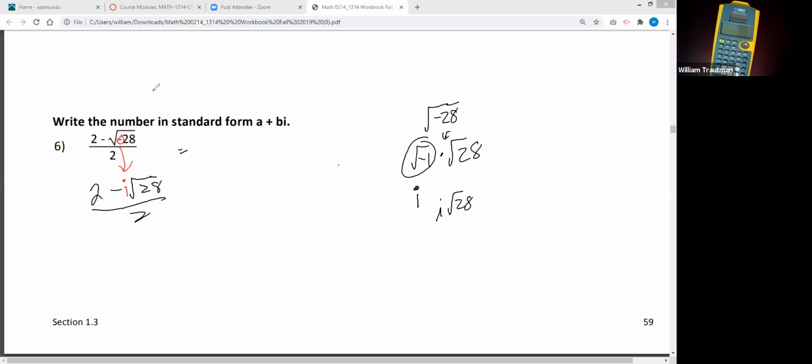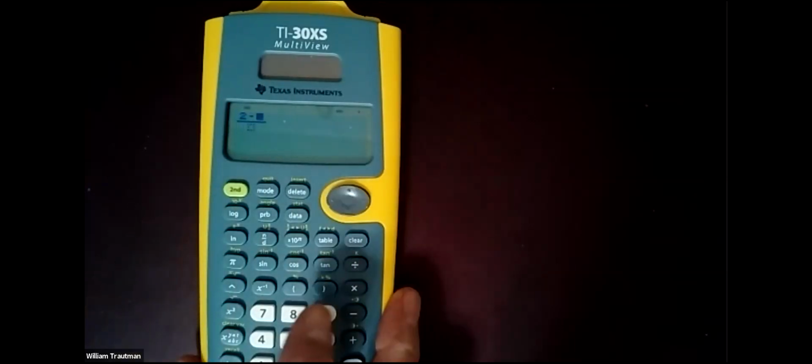So we're going to put 2 minus the square root of 28, divided by 2 in our calculator. On my calculator, you first type in a fraction, and type in 2 minus the square root of 28 divided by 2. Do you see? I'm not dealing with the i on my calculator.